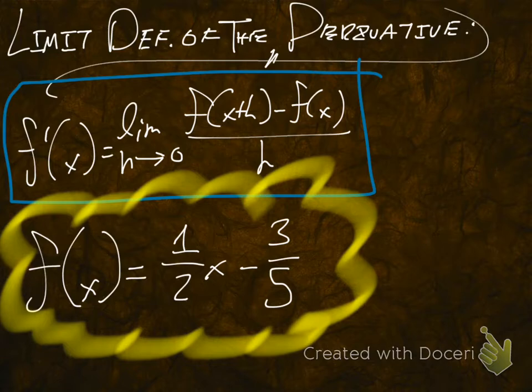So let's go ahead and get started. What do we mean when we say let's use the limit definition? Well, that just means everywhere we have an x, we'll plug in an x plus h for this portion, and then we'll just rewrite the original equation for the right-hand side of this difference. What's this going to look like?